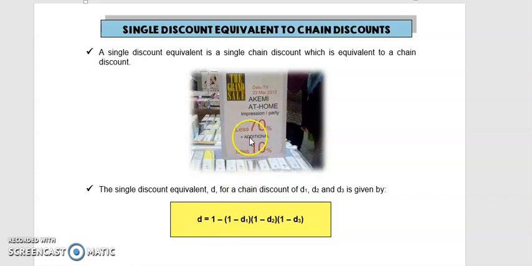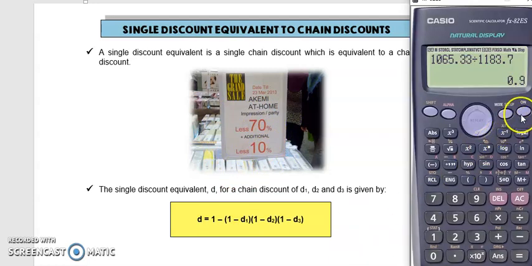Okay, example in this case, 70% and 10%. So how many percent actually we get the discount? Is it 80%? So how to calculate? Okay, use this formula. 1 minus, so first discount is 70%, so 1 minus 0.7 multiplied by 1 minus 0.1, 10%.